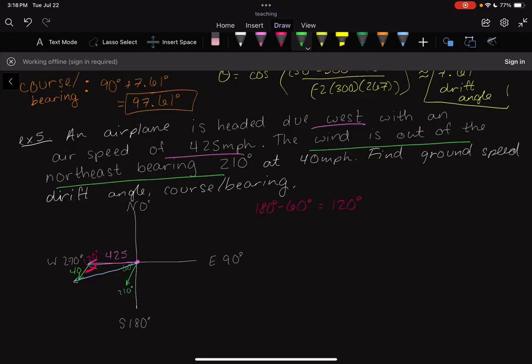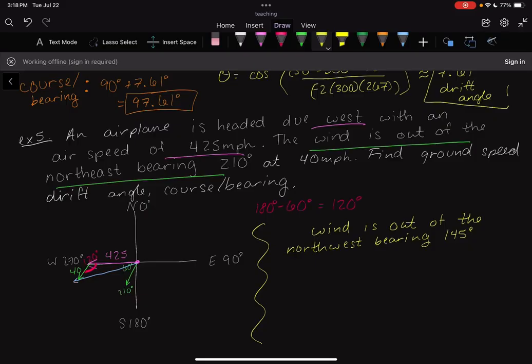And it could change. What if I had made a new one and I had said all the same information, but I said wind is out of the northwest, let's say bearing 145 degrees.